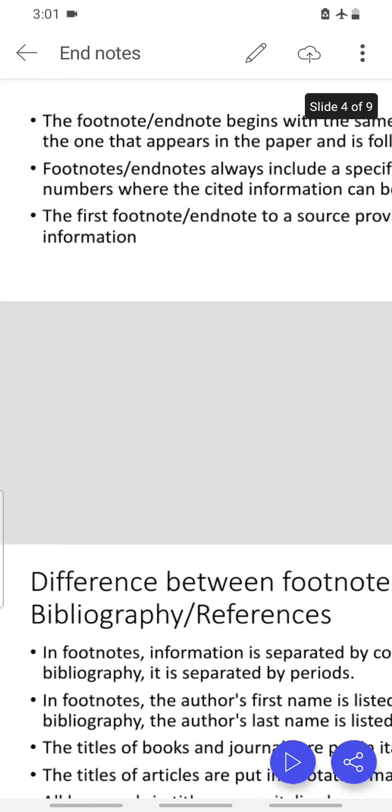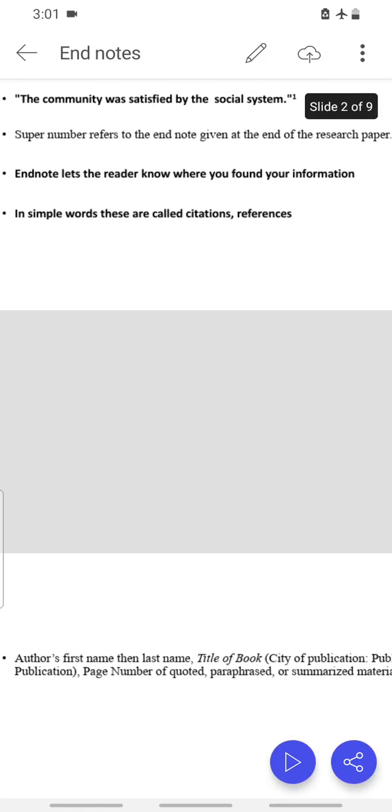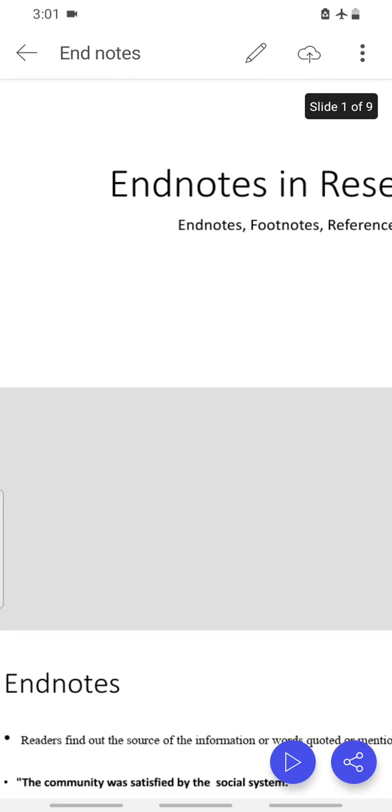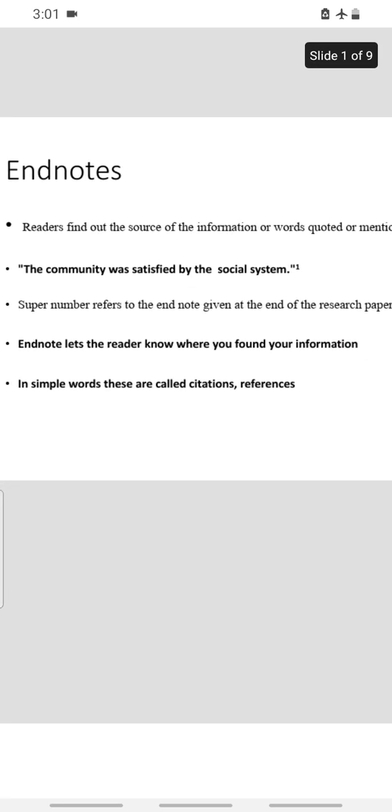Now let's move on to our first slide, let's say what are endnotes. So let's define it. Endnotes are a kind of information which has been provided to the reader, so the reader can understand from which source this particular information has been taken. For example, this sentence is written here in inverted commas: the community was satisfied by the social system, and a super number one is written.